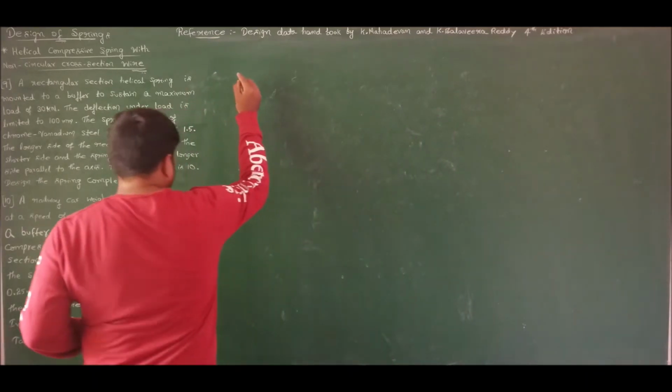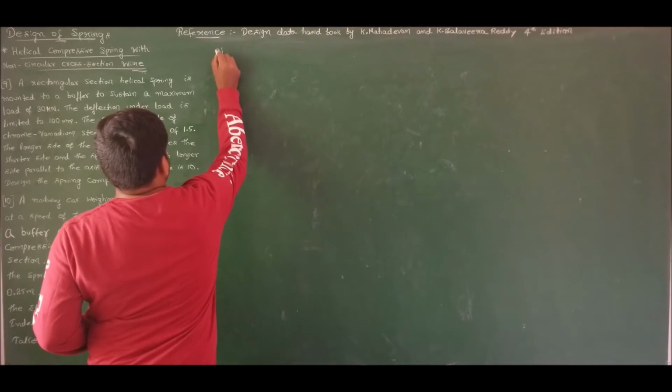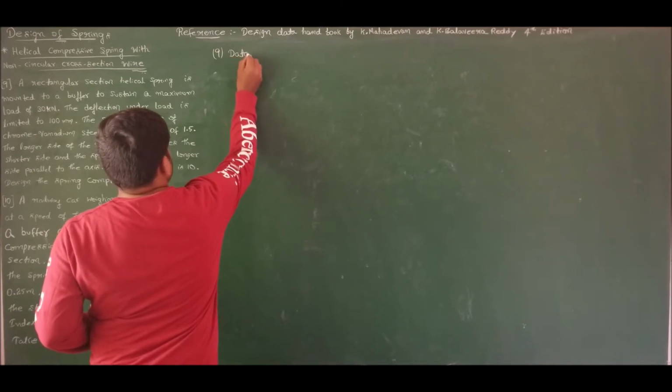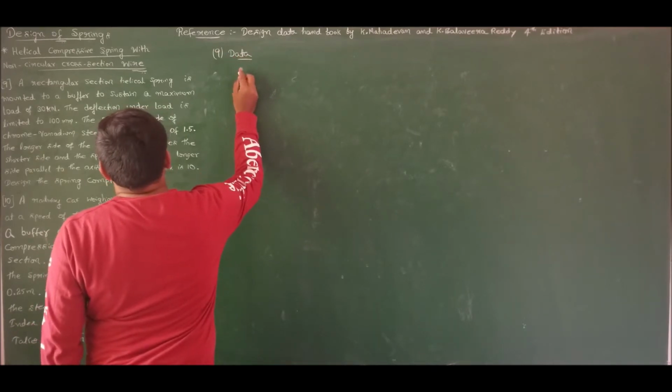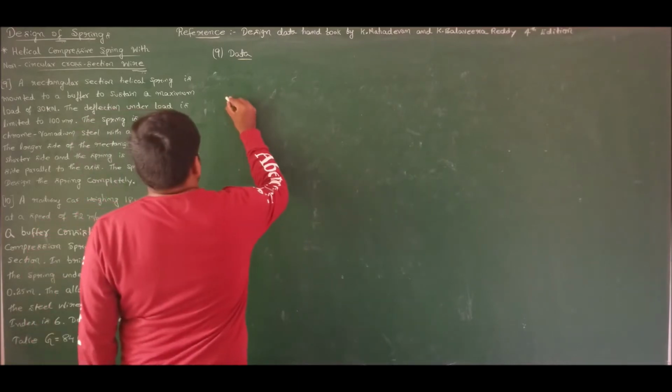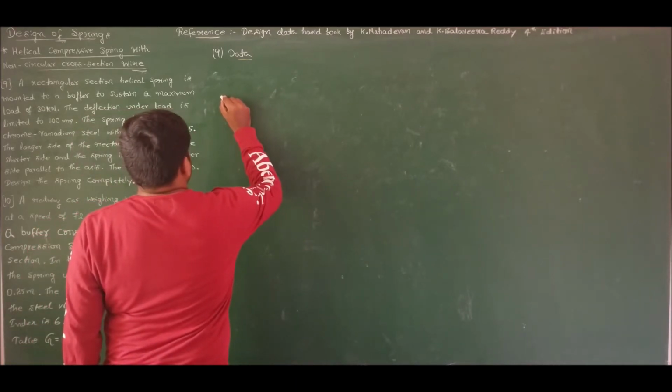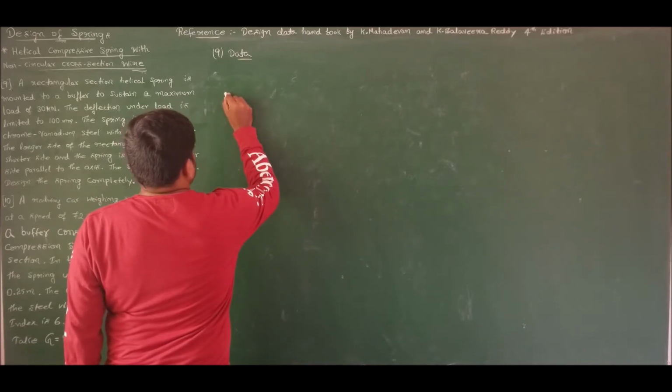If I list out the data given for problem number 9, we have a rectangular cross section helical spring. So let me represent the rectangular cross section spring.